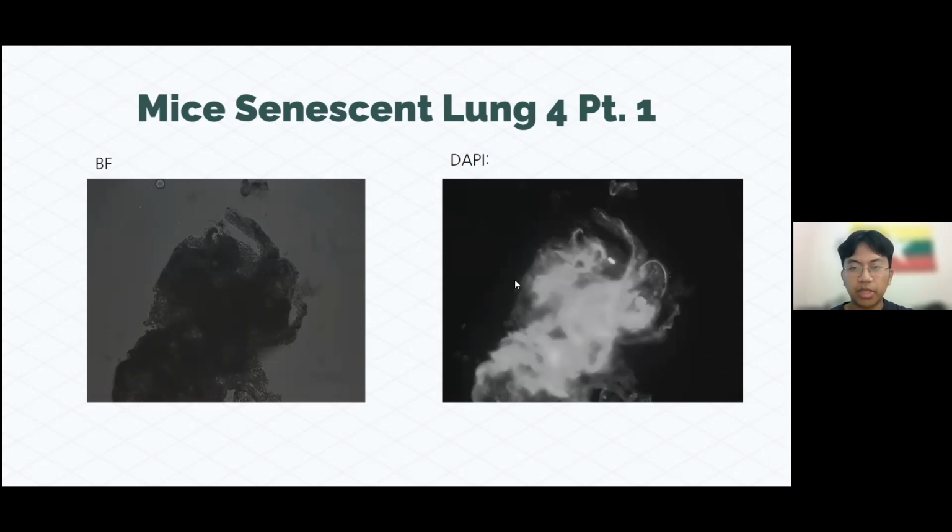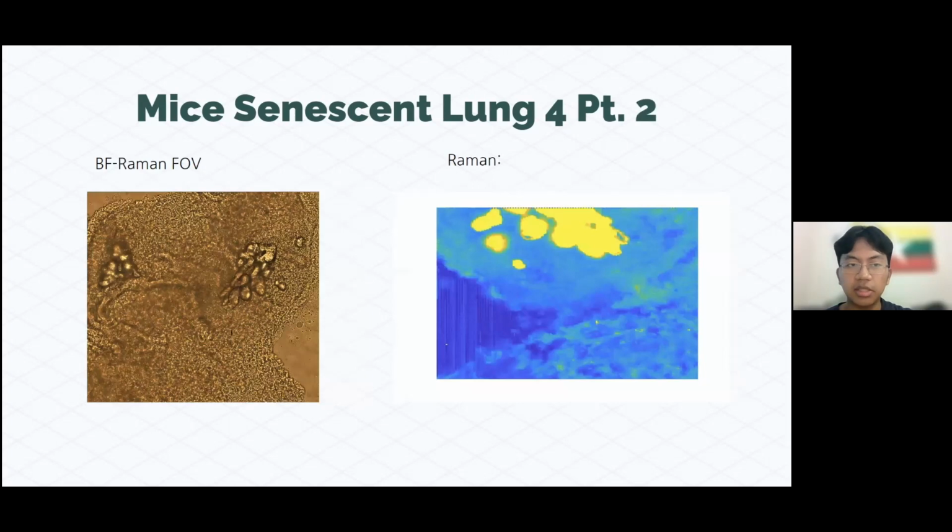This shows the fluorescent microscope was able to capture these images, but also that the tissue was still intact when we did the Raman and the bright field. And again, this shows the accuracy and also just how effective Raman is in being able to really accurately map out and show detailed images of the senescent cells.